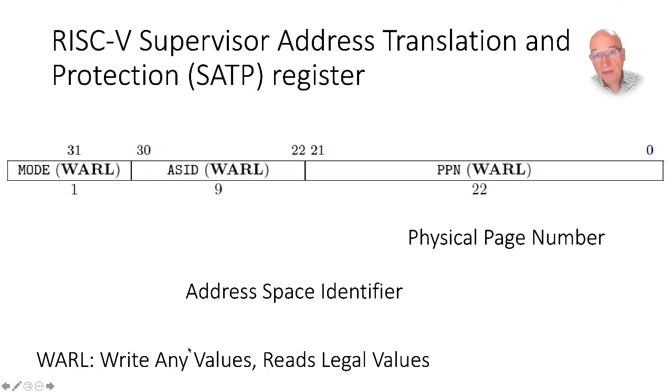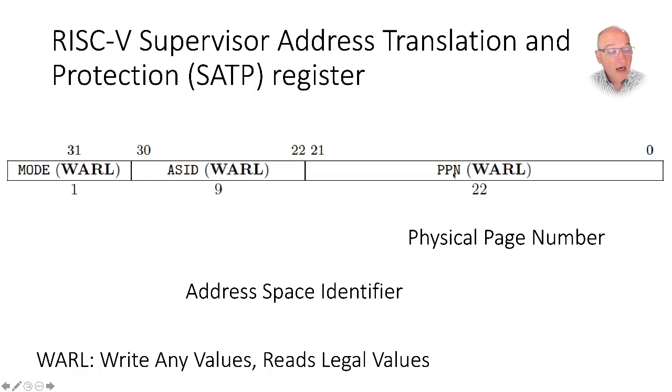That's terminology adopted by RISC-V to indicate that these are fields where you can write any values, but you can only read legal values. Which means that no write to these fields will produce an exception, but if I write a value that is considered illegal for that field, the value that we're going to read is a legal value.